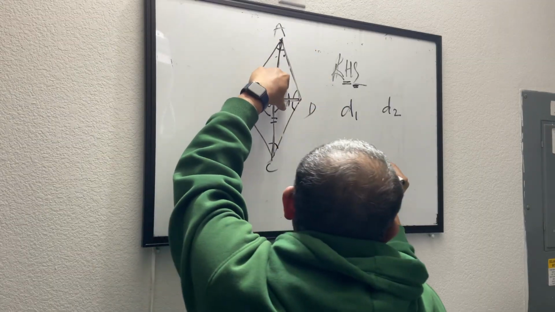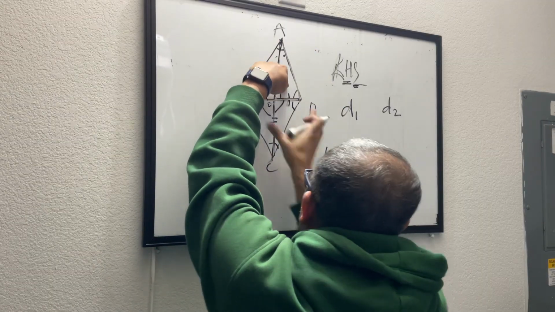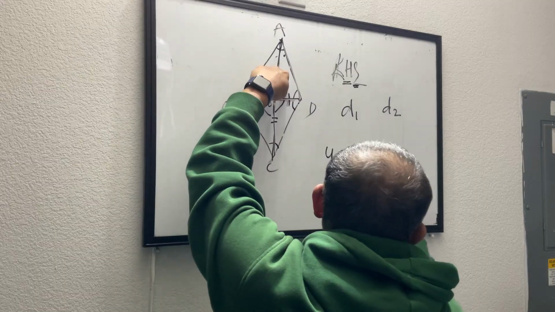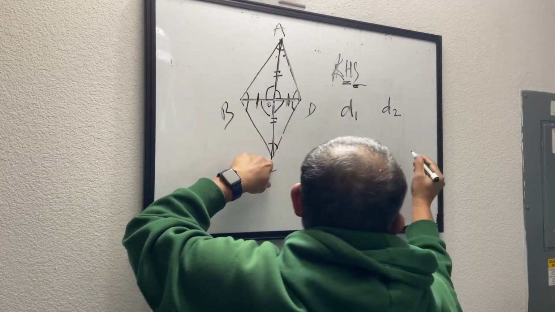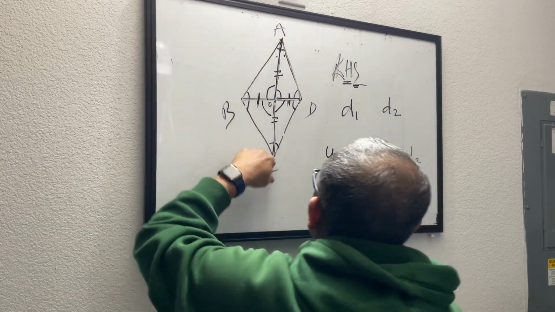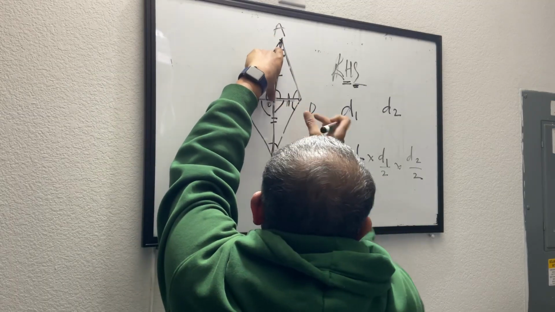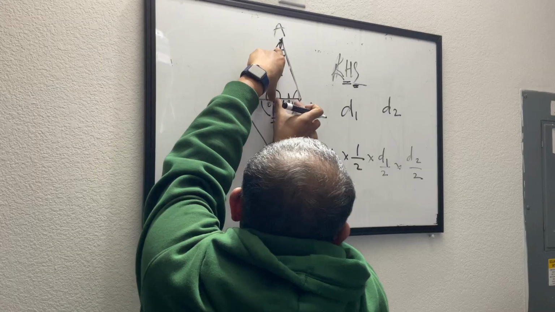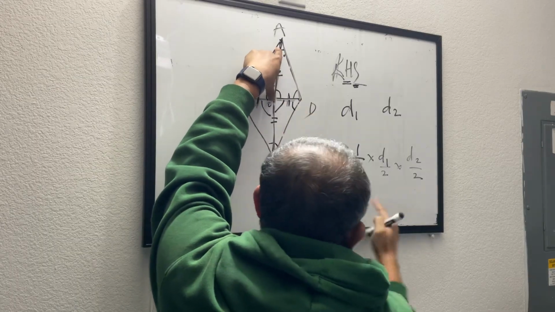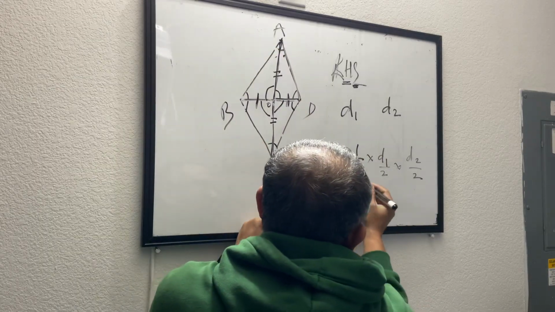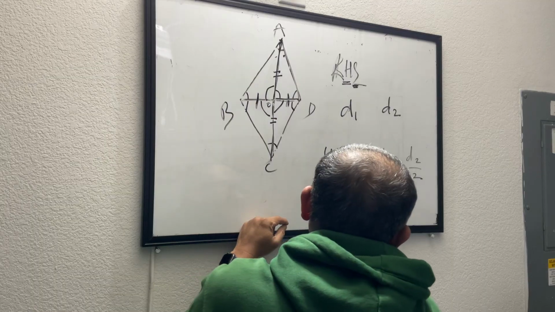Base is, let's say, this is D1 by 2, and if this is D2, it is D2 by 2. This height is D2 by 2, this whole thing is D1 by 2. So half into base into height. Now you look at it, it makes it D1 into D2 by 2.